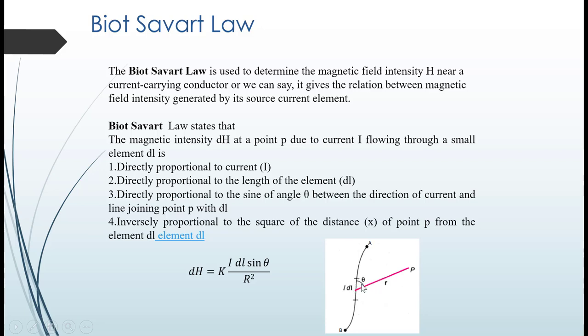It is inversely proportional to the square of the distance r of point P from element dl. So dH is given by some proportionality constant k into I into dl into sine theta divided by r square. So this is the final equation.